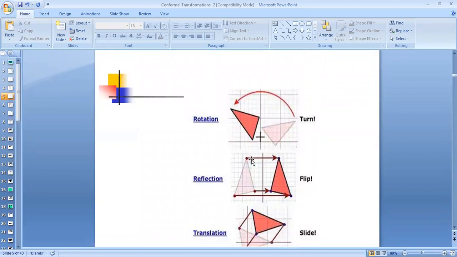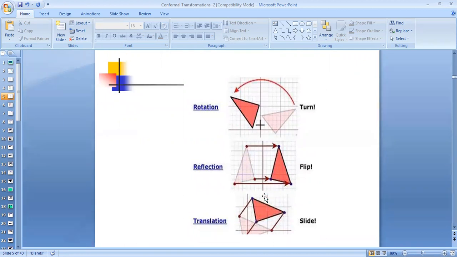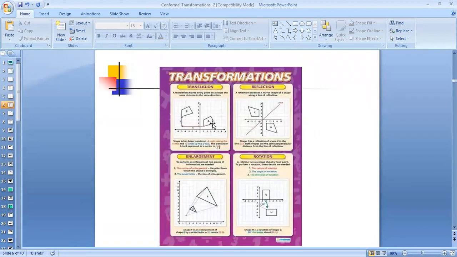And reflection will be like this, this is the image of the reflection, and this is also translation. Translation may occur vertically or horizontally. Enlargement or magnification, like a magnifying glass, we use these properties. Rotation also. This is the geometrical interpretation.